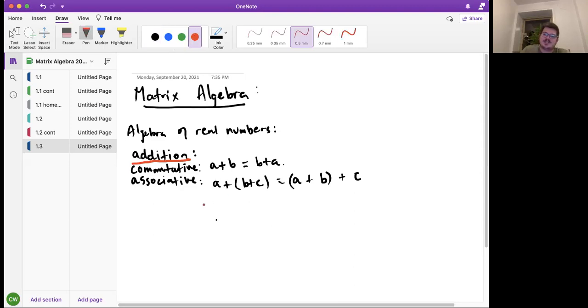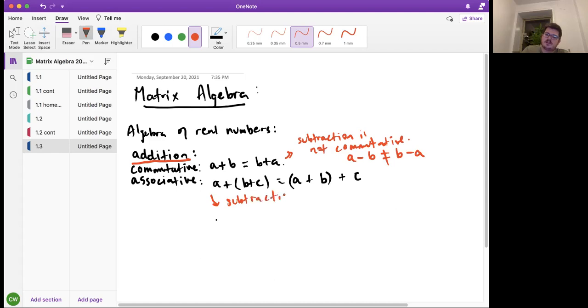The question is, is subtraction associative? First of all, is subtraction commutative? No. A minus b is not equal to b minus a, right? It does change. Is subtraction associative?